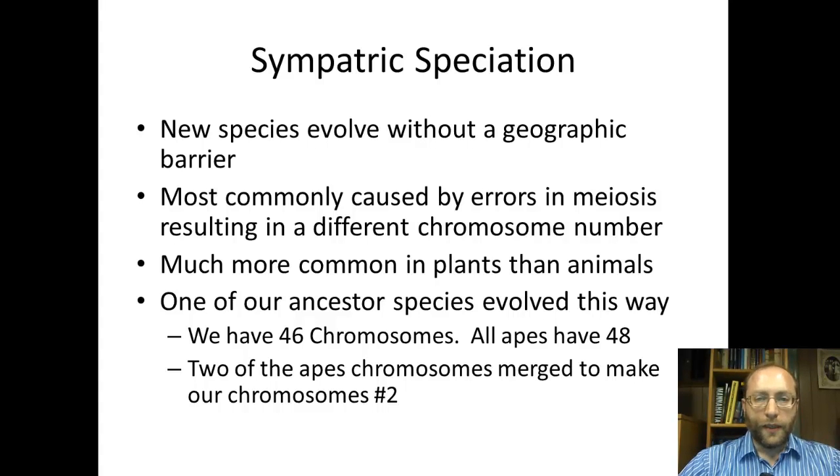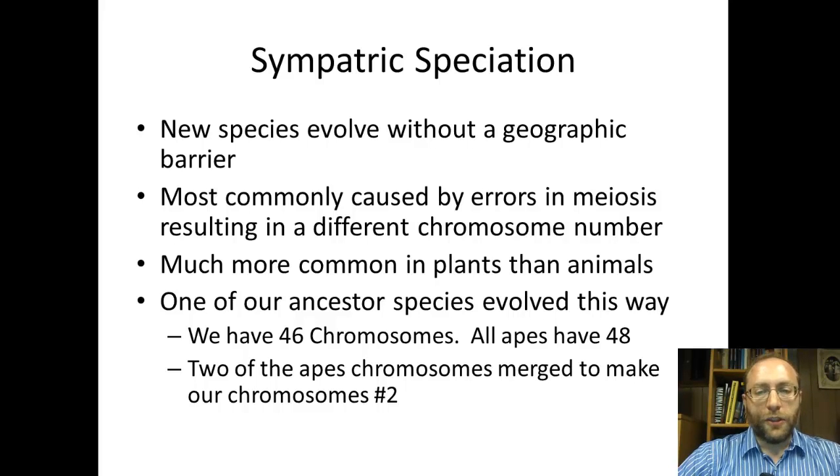So they can only mate with each other, with those that have that error, and you end up with a whole different species. This is much more common in plants than in animals, because many plants are able to reproduce both sexually and asexually, and most animals just have sexual. But still, it does occur.